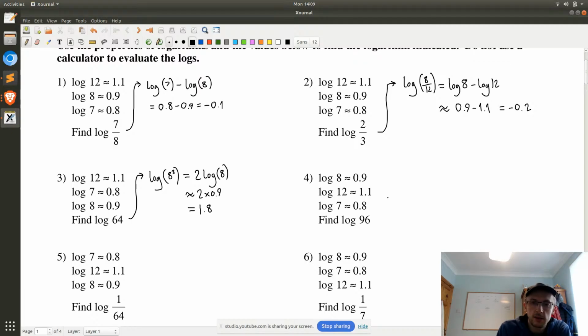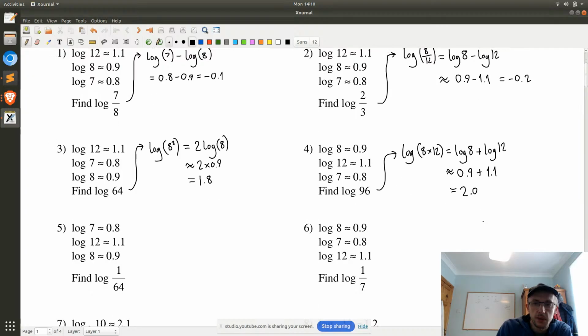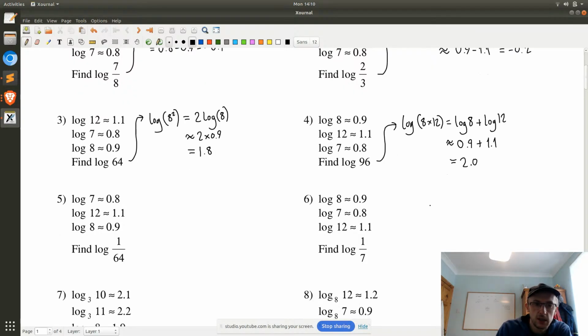Log of 96, well, 96 is 12 times 8. So this is the logarithm of 8 times 12, which is log 8 plus log 12, which is, by the approximate figures here, 0.9 plus 1.1, which is exactly 2.0. Of course, as long as you have an approximate equals at any point, the whole thing finishes with an approximation.